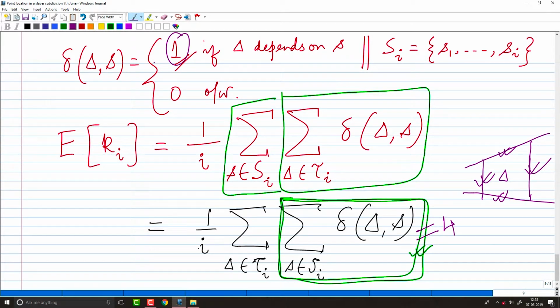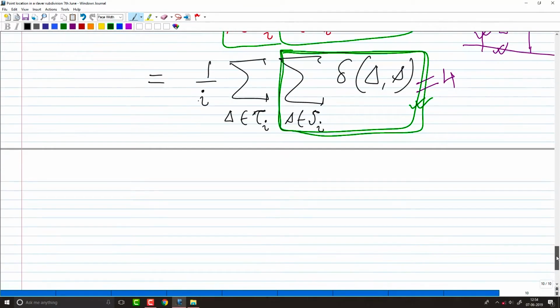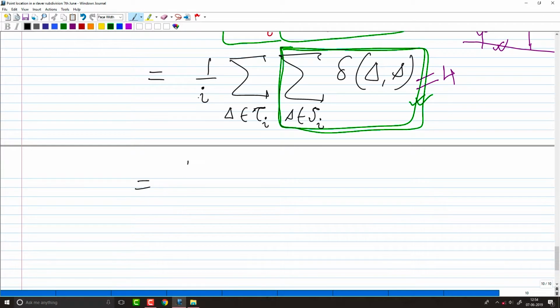So, where is this sum going? So, I can now forget about this, keep this, and this is 4, right.